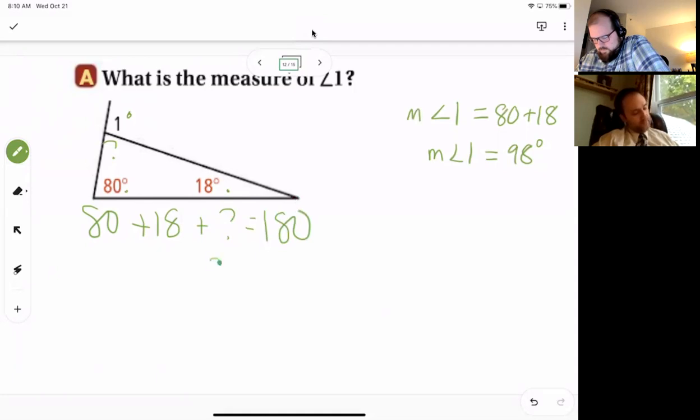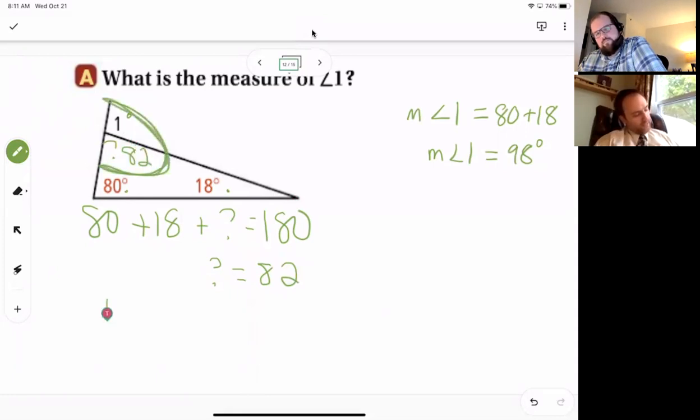Subtract the 98 from both sides, and I'll get 100, no, it's 82. I forgot how to subtract. I got stuck with the 102 from the previous page. I love it. So this is 82. And then I know that this is a linear pair. So 180 minus 82 is the 98 degrees that you found earlier, and that's angle 1.